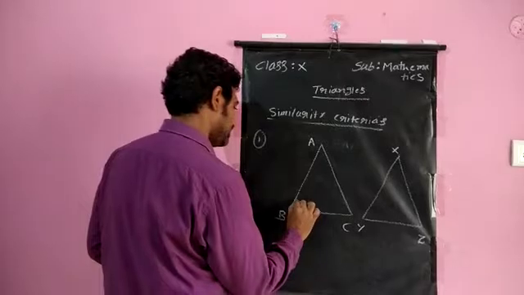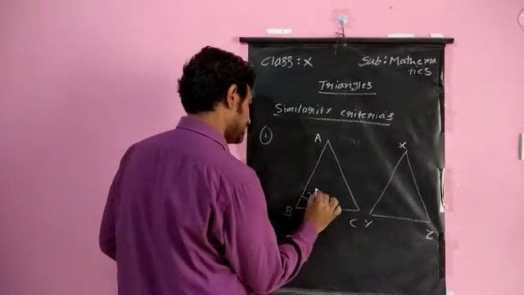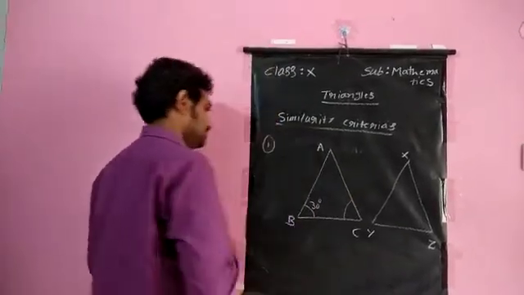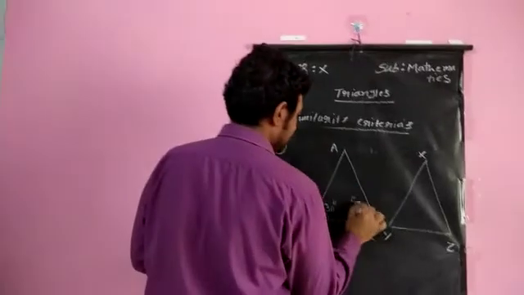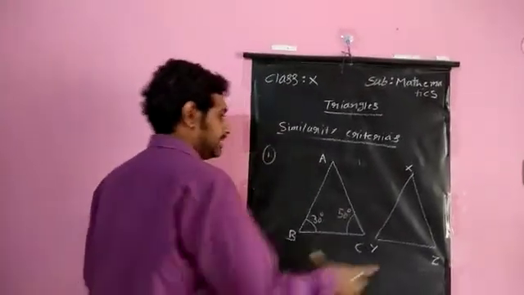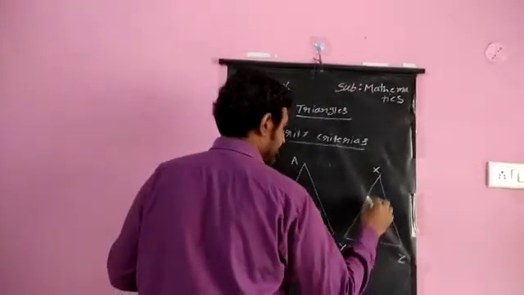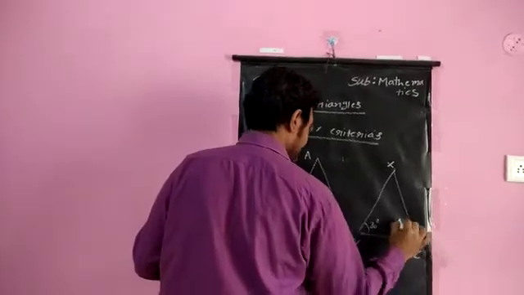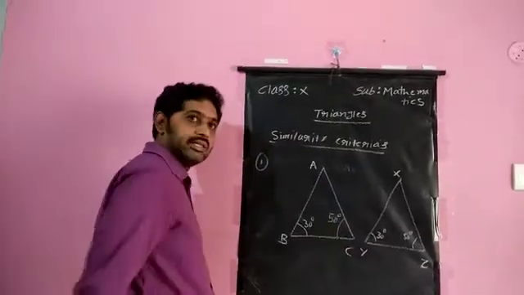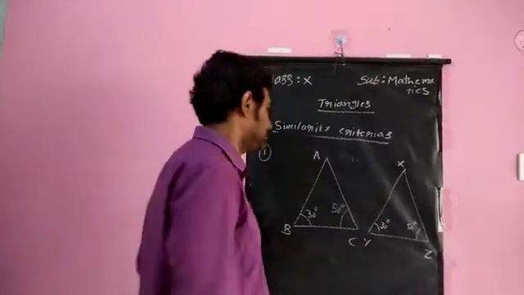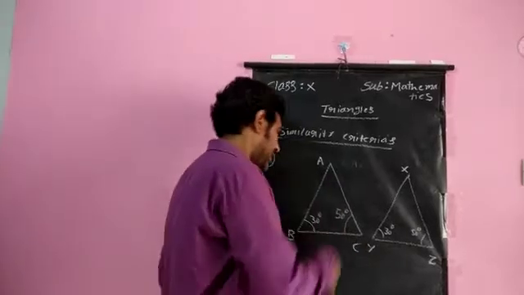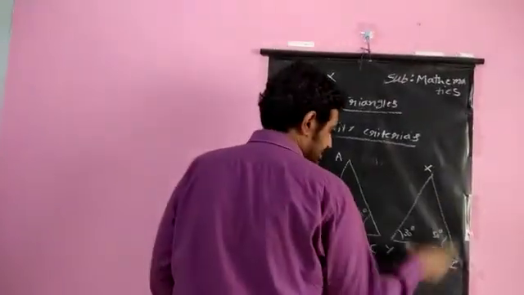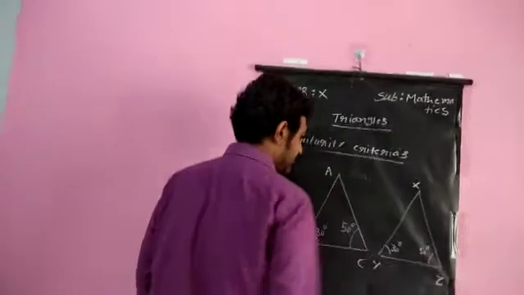Say this angle is 30 degrees and this angle is 50 degrees, and in the other triangle, in the similar way, this angle is 30 and this angle is 50. Just to briefly revise, in triangle ABC two angles are 30 degrees and 50 degrees, and in triangle XYZ also two angles are 30 degrees and 50 degrees.